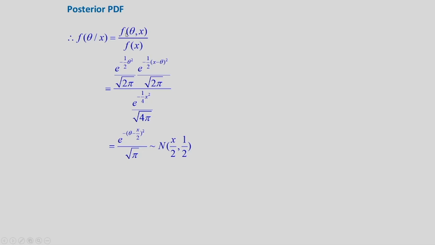If we substitute f of theta, x, as already seen, e to the power minus half of theta square into e to the power minus half of (x minus theta) square divided by root 2 pi into root 2 pi, and f of x equal to this quantity e to the power minus x square by 4 divided by root over 4 pi, and simplify, we will get e to the power minus (theta minus x by 2) whole square divided by root pi.